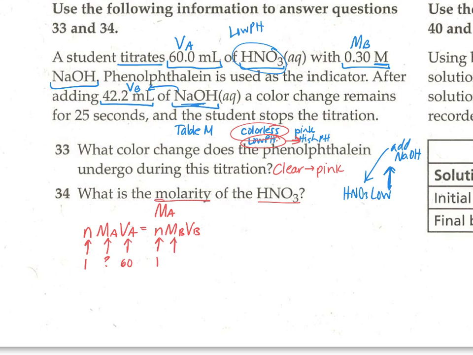Molarity of our base is 0.3, so this is all in the question. Volume of our base is 42.2. So the 1 on each side really doesn't matter because it's the same. So we will have 60x equals 42.2 times 0.3, which is 0.66. So x is equal to 0.66 divided by 60, which is 0.011 molar.